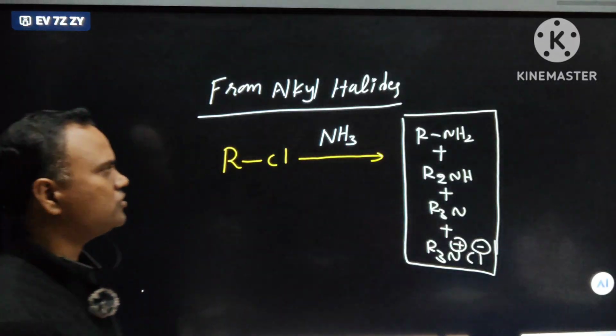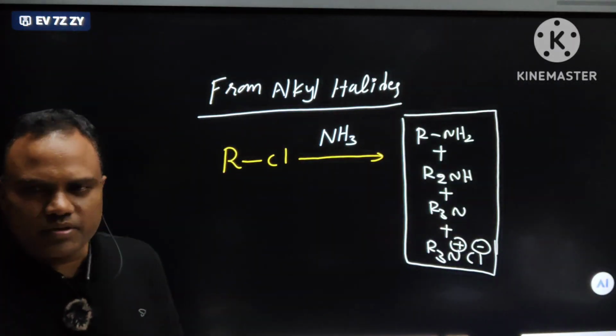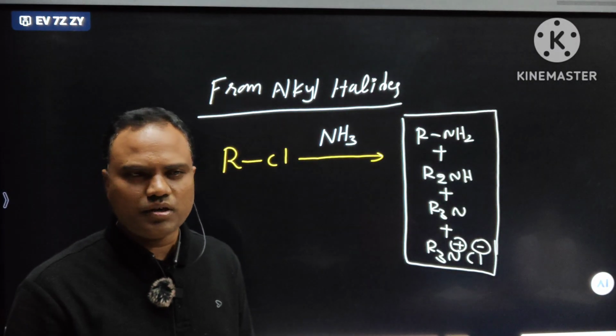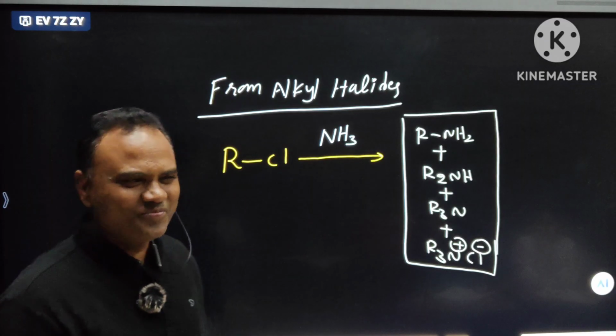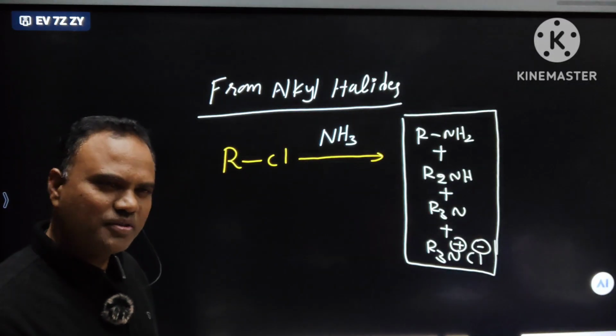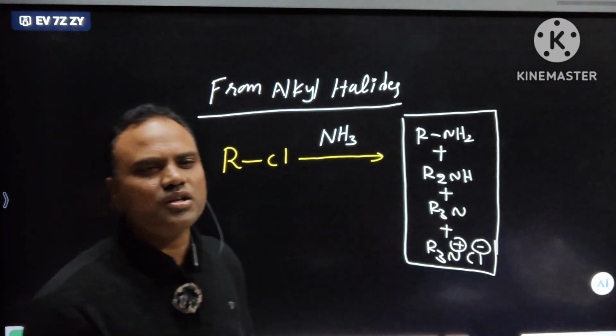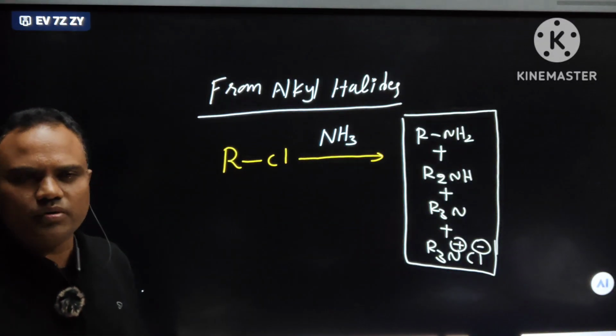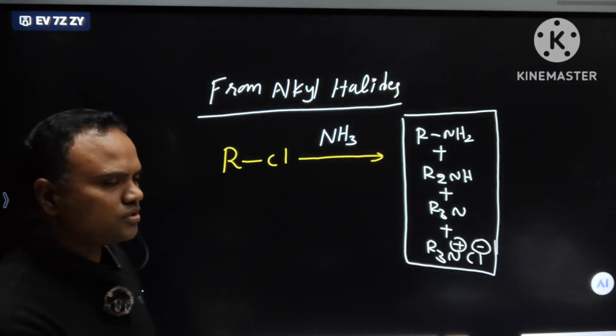A mixture of amines is produced when alkyl halides are treated with ammonia. Half of the answer is correct. Okay. Primary, secondary, tertiary and quaternary ammonium salts. Let us see how we will get all this. Okay. First of all, note down that.